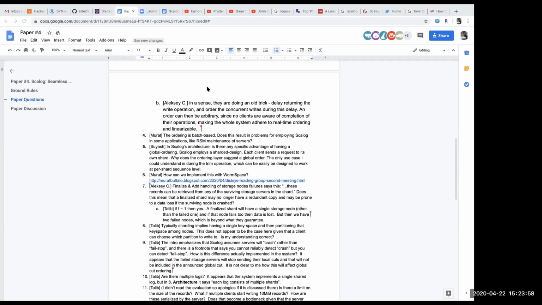If it is sequential, it's easy to determine that, okay, this shard has up to this number of records, so I can easily look into it. But if each shard is maintaining its own order, then if you have to read a certain record, you have to read all the shards and find out which one has my record.